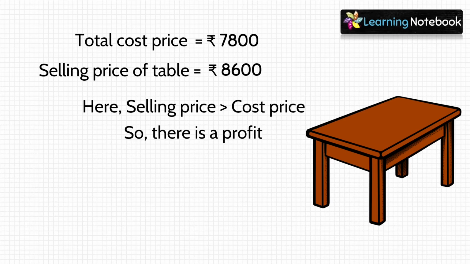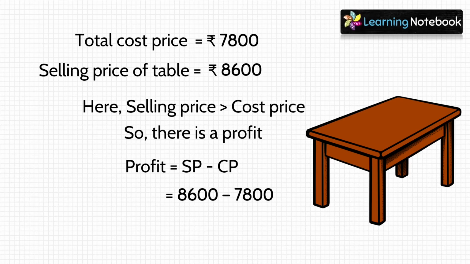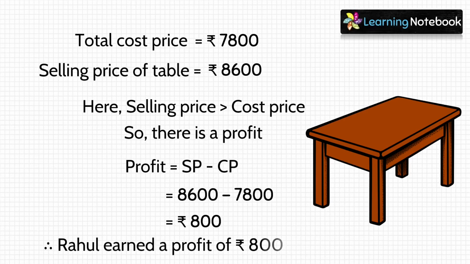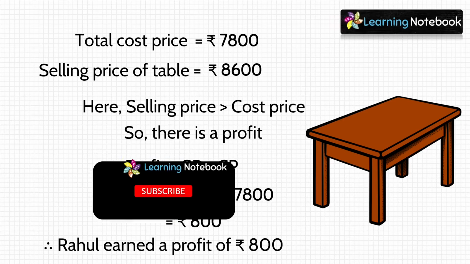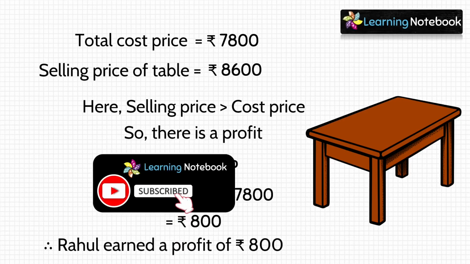And we just learned that profit is calculated as selling price minus cost price. So let's put both the values here and we get profit equals to rupees 800. We will write the answer statement. Rahul earned a profit of rupees 800.